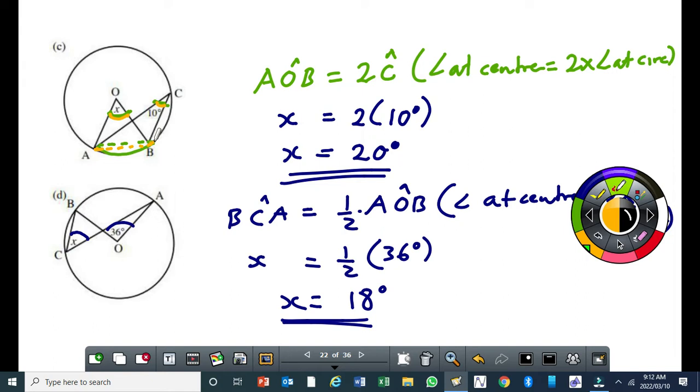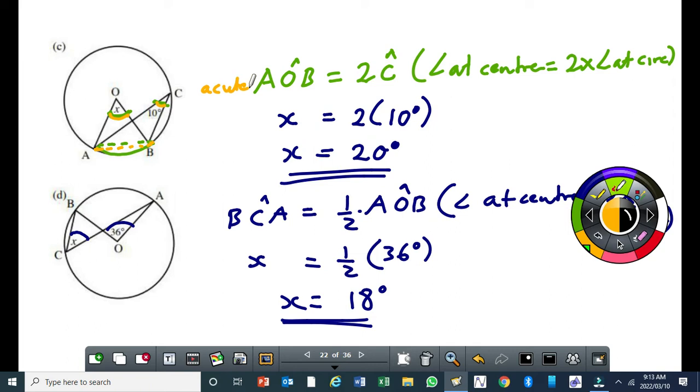Therefore, angle X is 2 times angle C. And here we talk about acute, obviously this would be acute AOB. Acute AOB is equal to 2 times C because the angle X is at the center and angle C is at the circumference. Hence, angle C is half of X.